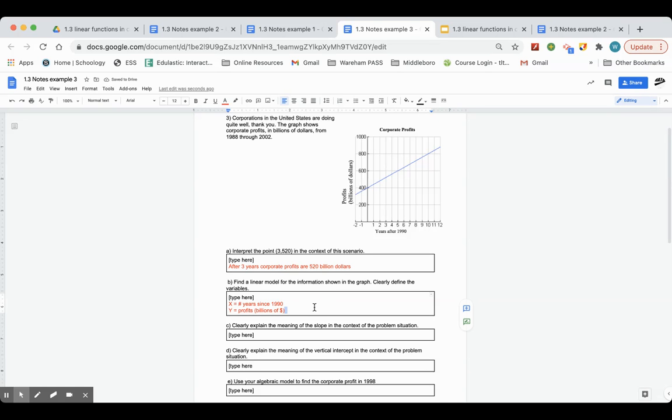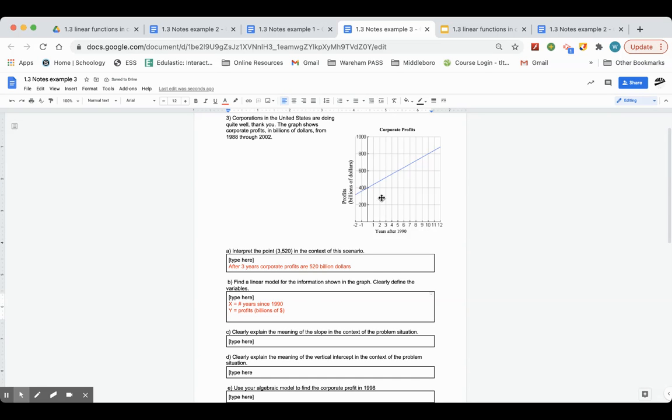All right, so to write this equation, it doesn't tell us how to write it. Seeing how we're given a graph, and the graph is pretty easy to get the slope of and the y-intercept, let's write it in slope-intercept form.